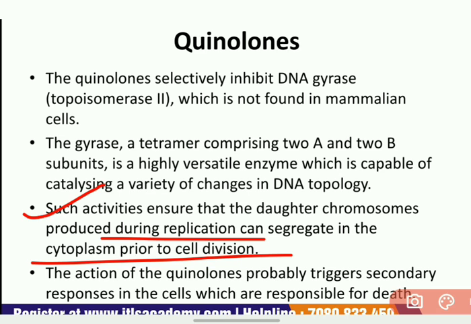The A subunit, or alpha subunit, cuts both DNA strands on one chain, with a 4 base stagger, while the other chain is passed through the break, which is then released. The beta subunits derive energy for the reaction by hydrolysis of adenosine triphosphate.